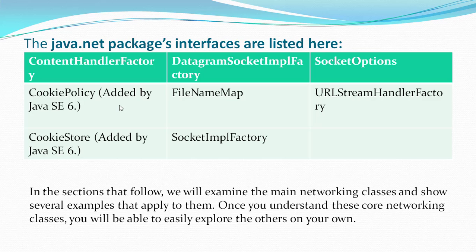Like these, interfaces are provided in the java.net package. In the sections that follow, we will examine the main networking classes and show several examples that apply to them. Once we understand these core networking classes, we will be able to easily explore the others on our own.